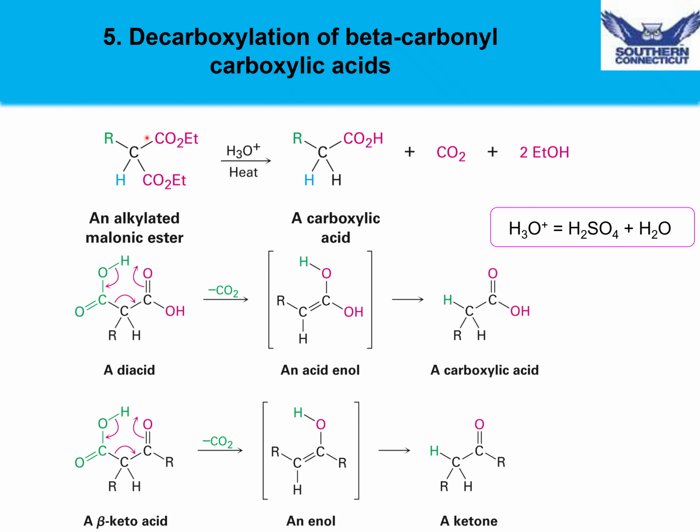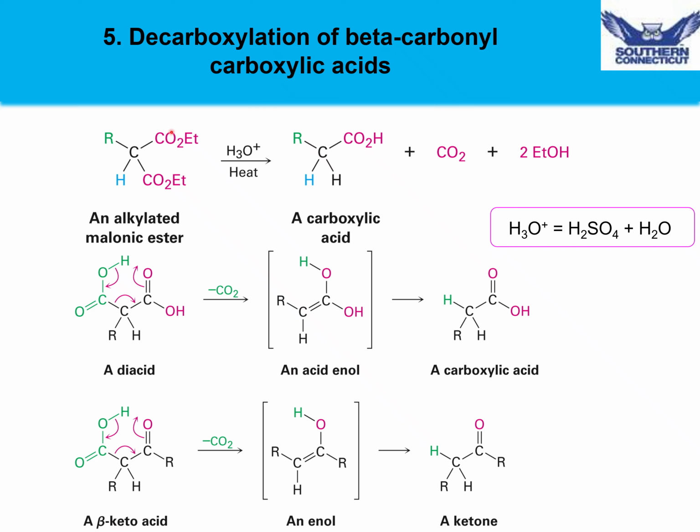This first example is a general example of a diester that is 1,3 to each other. If we heat it up with aqueous acid, so that would be a mixture of sulfuric acid and water, for example, the first thing that would happen is these two esters would be hydrolyzed into carboxylic acids. And since they are 1,3 to each other, one of these carboxylic acids would be decarboxylated.